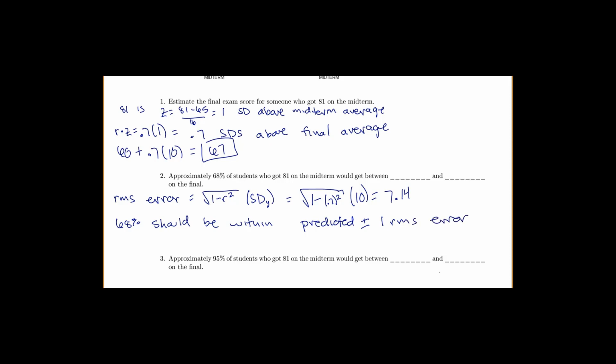So our predicted value is 67 plus or minus one RMS error, which is 7.14. When we subtract 67 minus 7.14, we get 59.86. When we add 67 plus 7.14, we get 74.14.